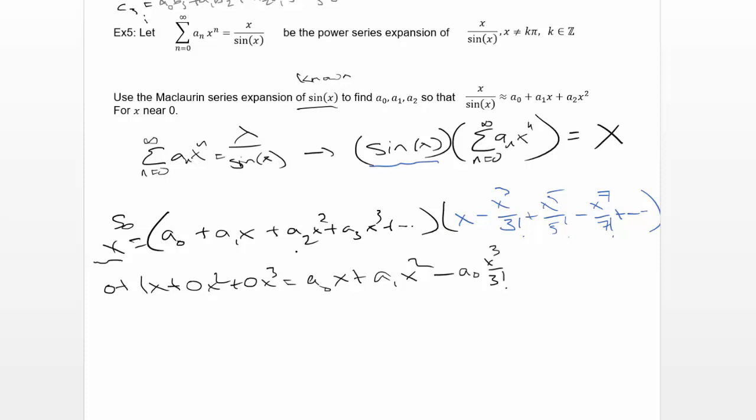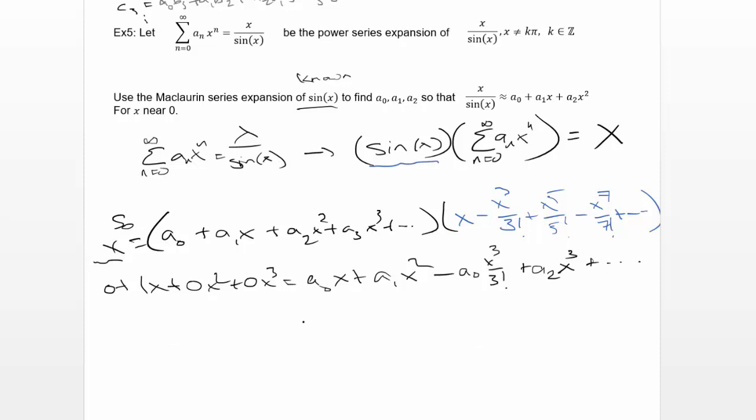I could multiply this a2 times x squared to the x. I get a2x cubed. I can't multiply this a3 with anything over here because there's no constant term, so I'm going to get a bigger power of x. And I keep going.